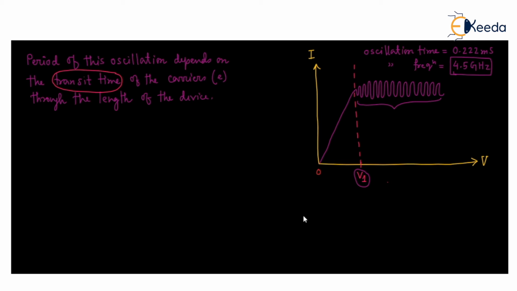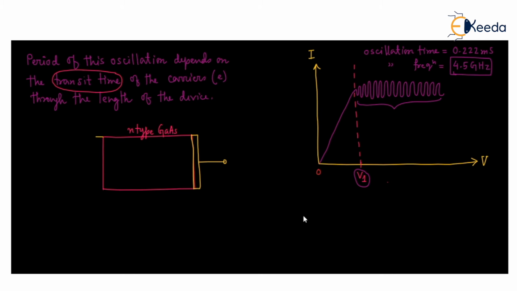Transit time means, we have seen that the structure of the diode was looking like this. We will have an n-type gallium arsenide, and on the two sides of this n-type gallium arsenide there will be a metal layer like this, and there will be some metal contact.